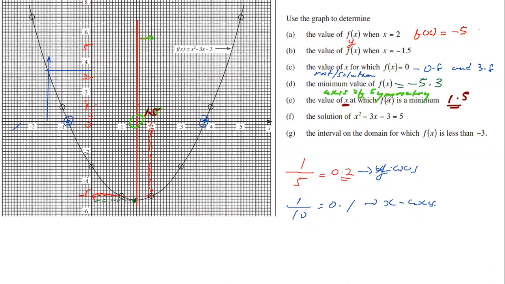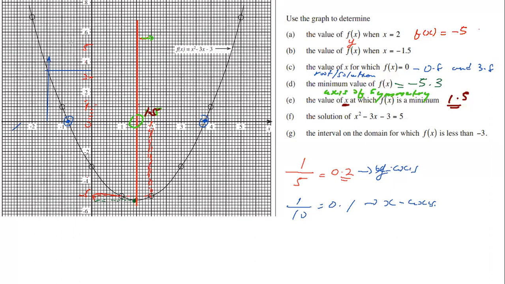Now I'm going to do this one. They say the solution of x squared minus 3x minus 3 is equal to 5. How do we find the solution of that? We draw a straight line at 5.